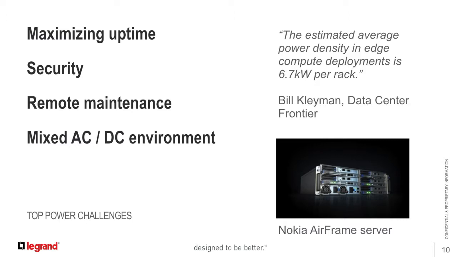Well, you want to make sure that you maintain your uptime, that you maintain your physical security, that you have the ability to perform a degree of remote maintenance of what you have deployed, and you want to be flexible enough to operate in any environment, whether that's an AC environment or a DC environment. So you need to work with partners that can provide support for both.